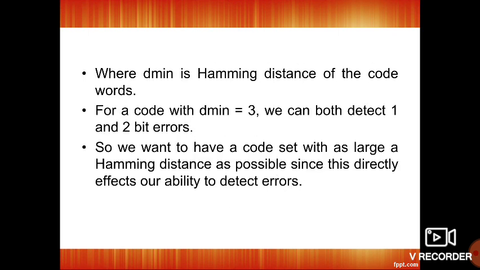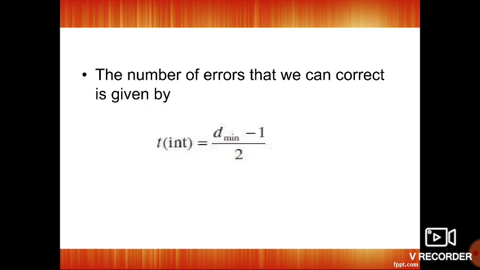For detecting 2-bit errors, d minimum equals 2t plus 1.